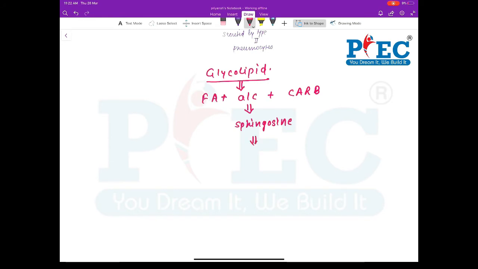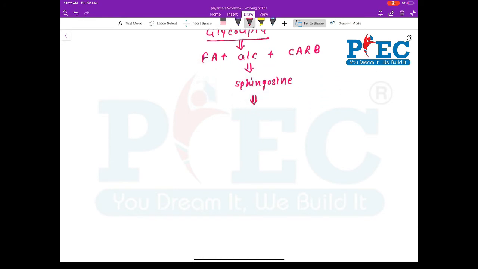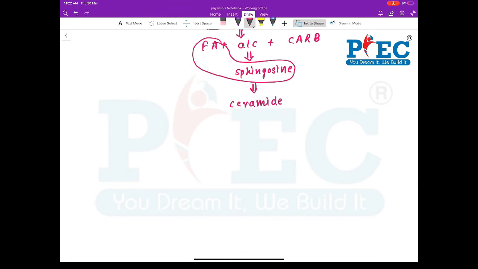So first of all, fatty acid will unite with this sphingosine, and when these two molecules unite, they make a molecule called ceramide. On this ceramide, we can add the third molecule, that is carbohydrate.